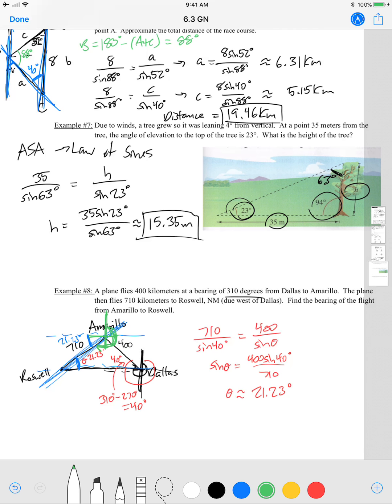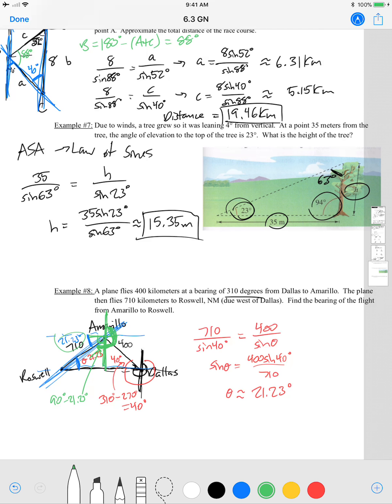Well, starting north, I know that's 180 plus whatever this is. Hopefully you see that. So I need this angle in there. I know this is a right angle, so 90. And then part of it is 21.23, so the rest of it is going to be subtract that.